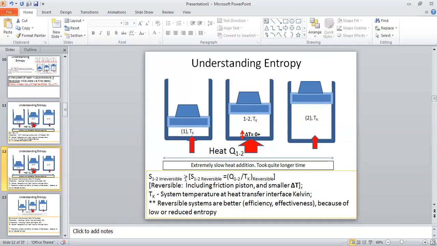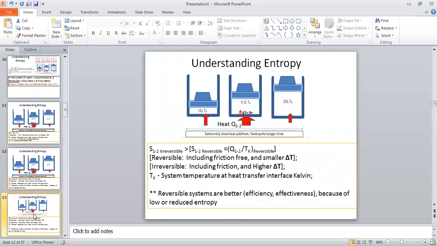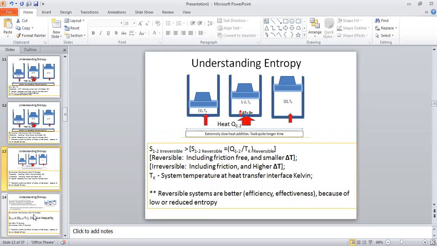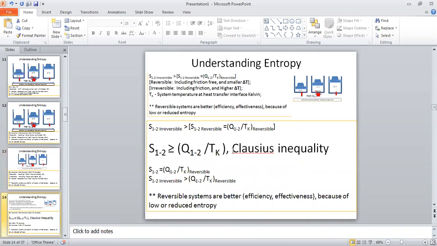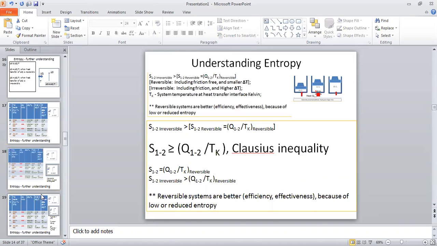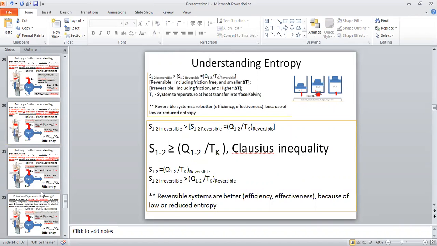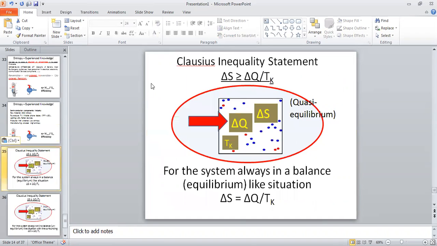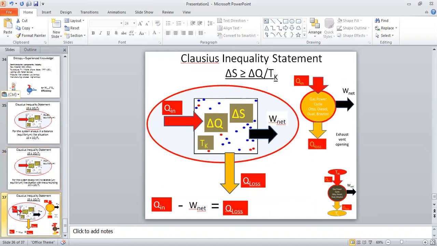Yes, greater than, you can see. See Clausius inequality. Okay, so there is another detailed one for this. Clausius inequality, 3 slides you can see.